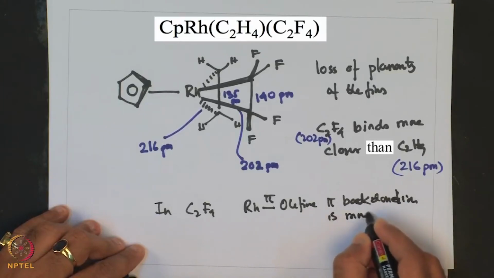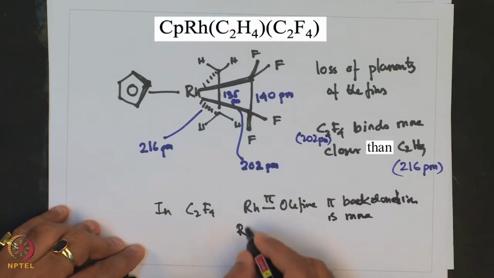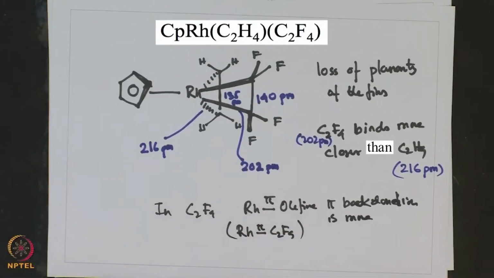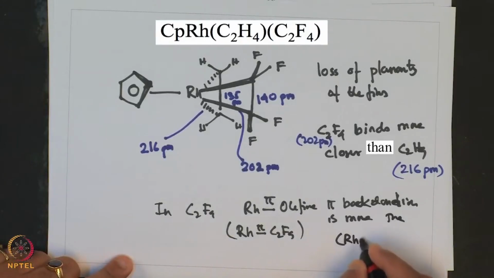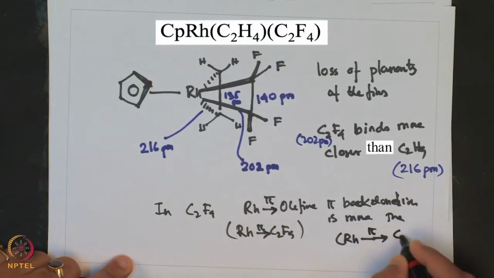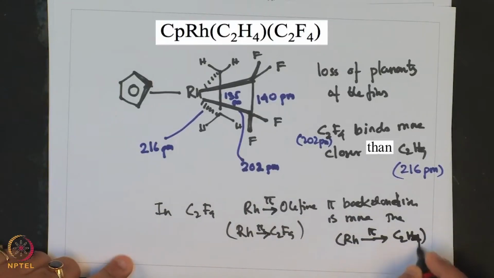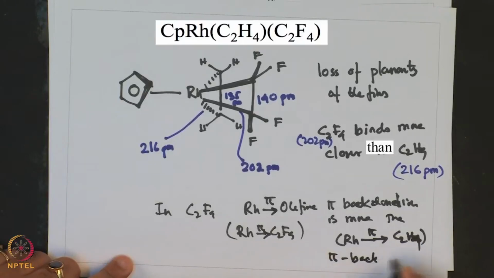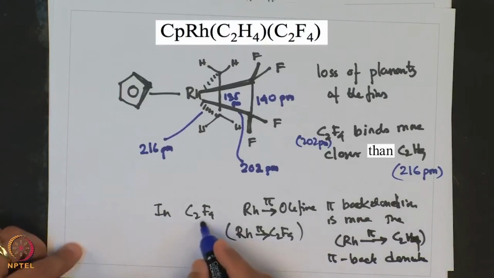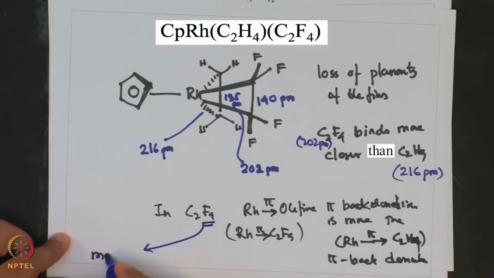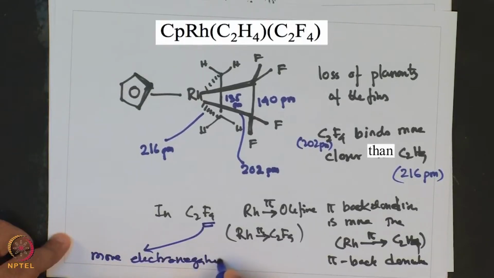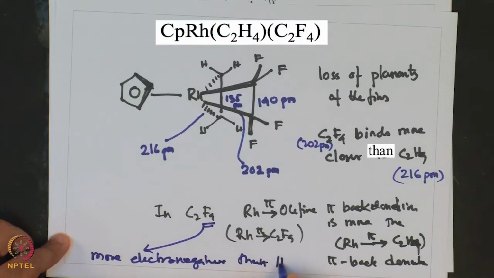is more, and this interaction can be represented as rhodium to C2F4 pi back donation is more than the rhodium to C2H4 pi back donation, and that is because fluorine is more electronegative than hydrogen.